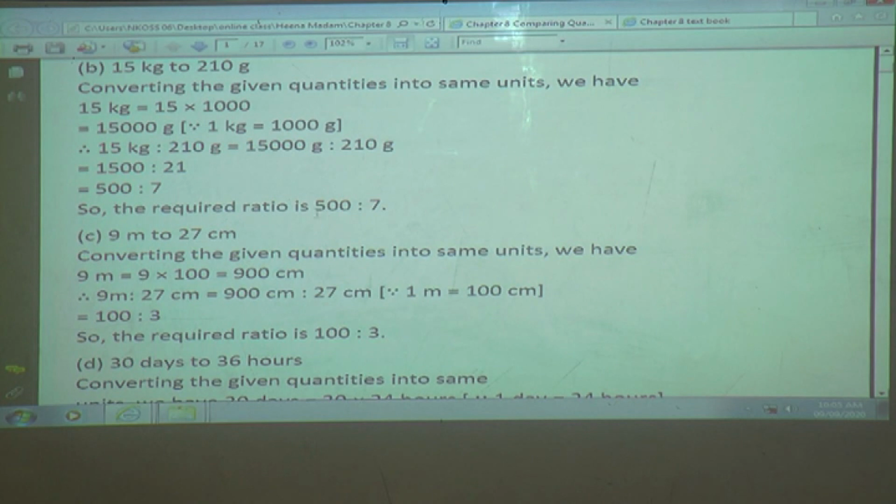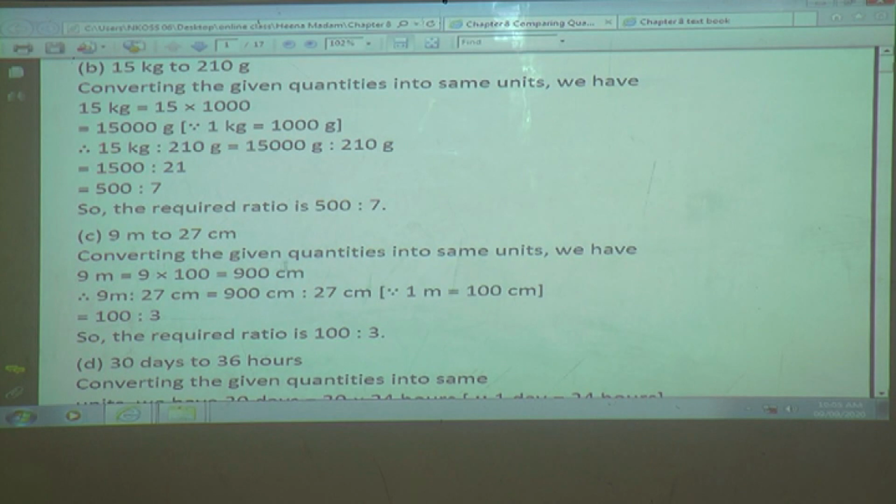In this way we first converted kg to gram. Here we have another example, 9 meter to 27 centimeter. First we have to convert this meter into centimeter, or you can convert the centimeter into meter; both can be used.